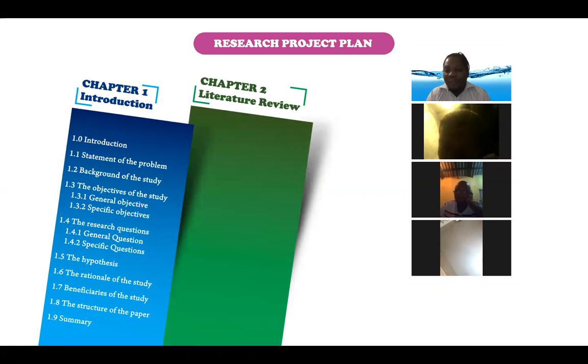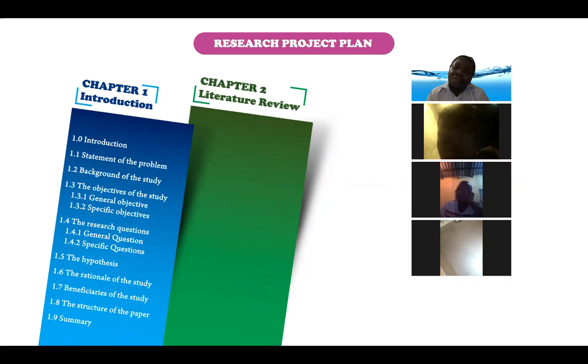Then you go to the second chapter, or the second section, depending on however you want to organize your paper. You can say chapter 2 or section B, depending on however you're organizing your paper. But I prefer to use chapters. Chapter 1, which is called Introduction, and chapter 2, which is Literature Review.